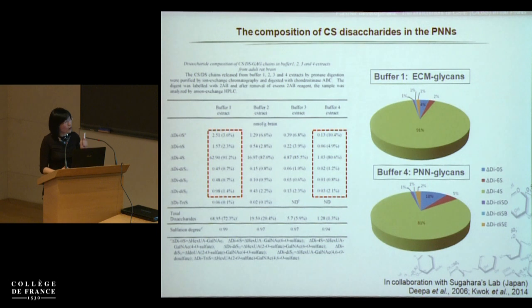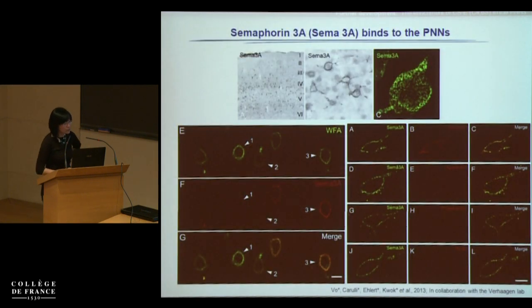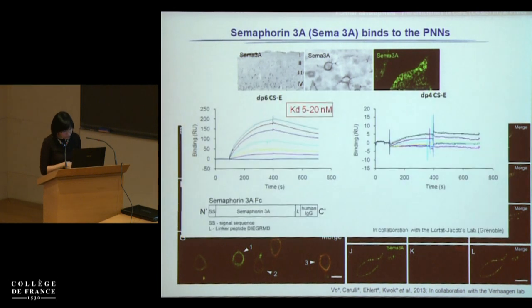When we were looking at this data, we didn't think the involvement of CSE was as important as we would expect. But as you heard from Geest earlier, semaphorin 3A binds to the perineuronal nets very specifically, as you can see here.